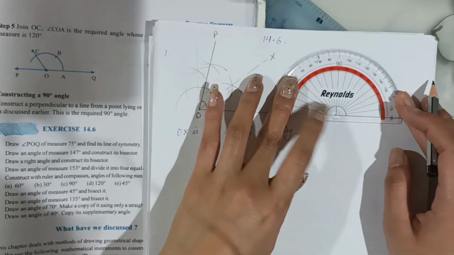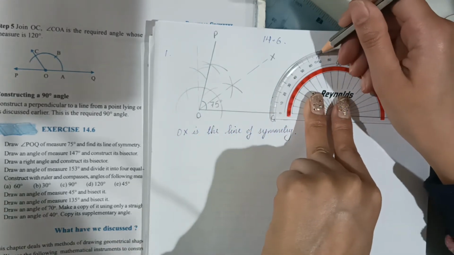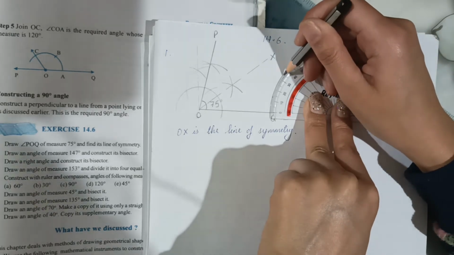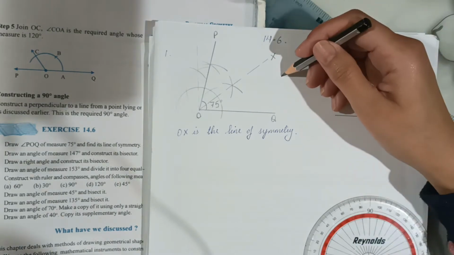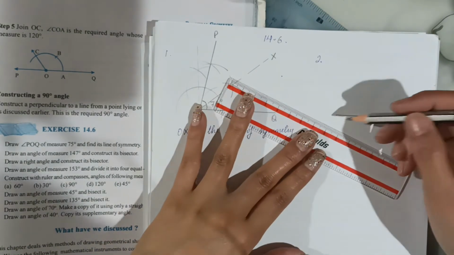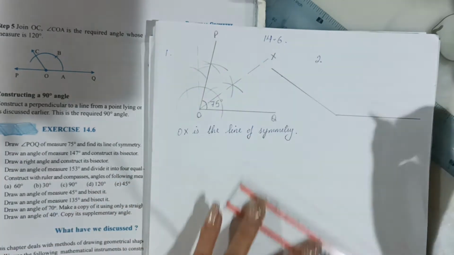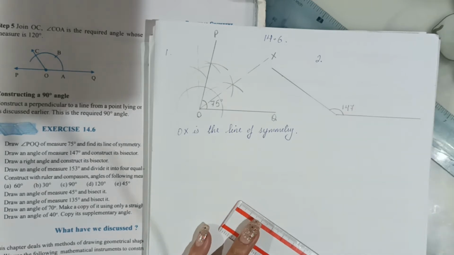Now where is 147? Here is 90, 100, 110, 120, 130, 140, 145, 147 is somewhere here. Mark a point. Join the end with that point. So you get an angle measuring 147.